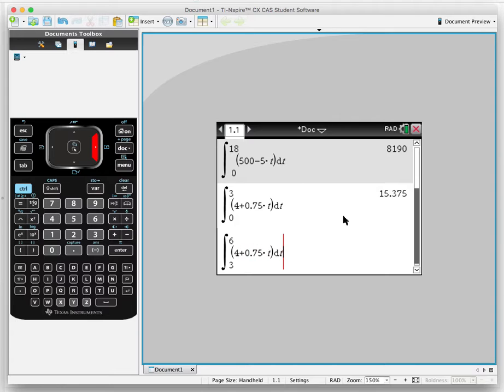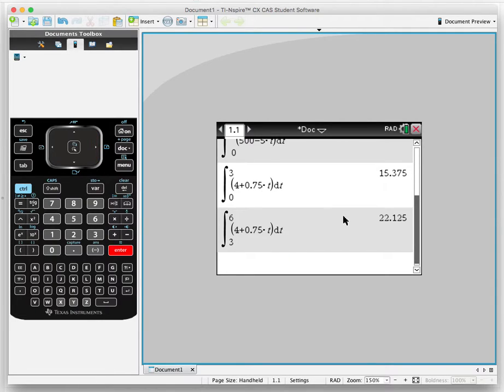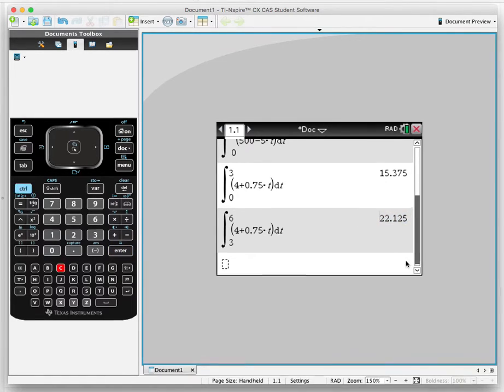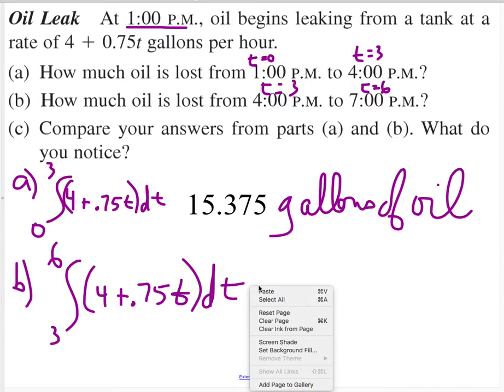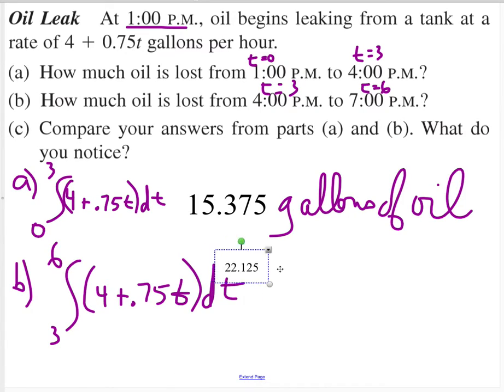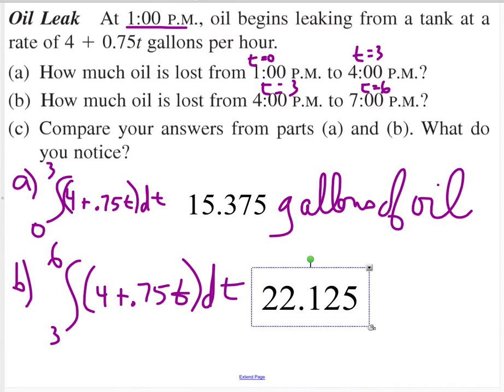Or from 0 to 6, I think I might have said. 22.125. So 22.125 gallons of oil.